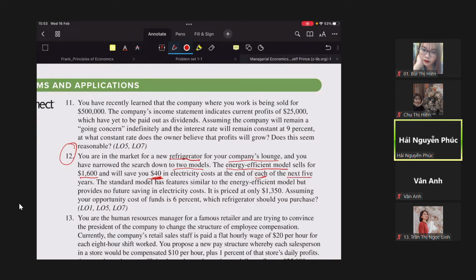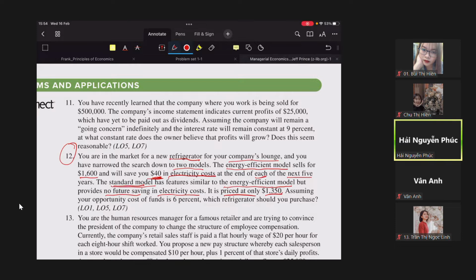So each year you save $40 in electricity costs if you use the so-called energy efficient model. And the second option is the standard model. It has a feature similar to the energy efficient model, but no saving on electricity. The price of the standard model is 1,350.